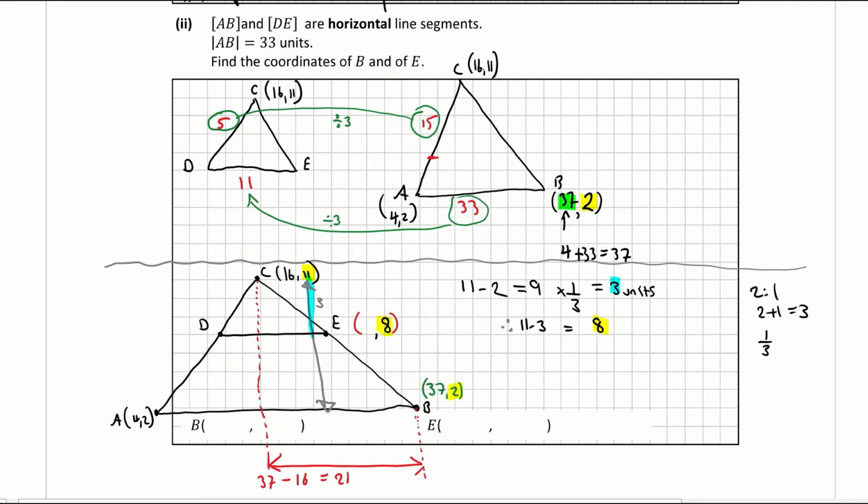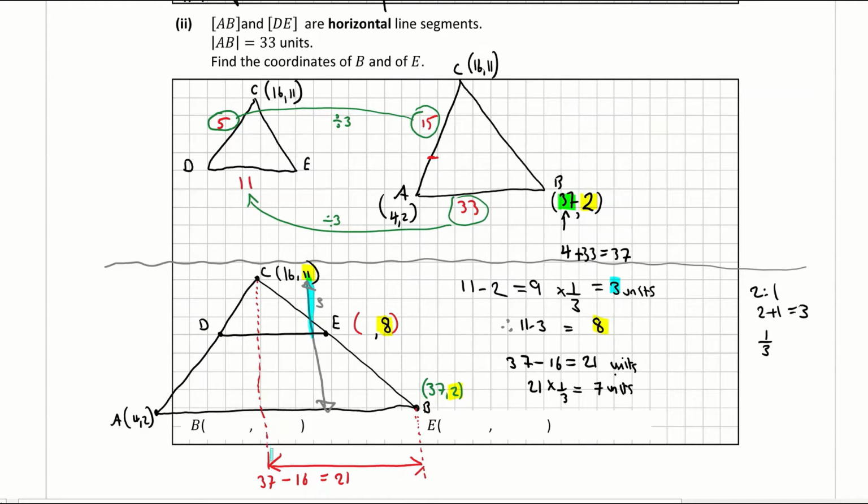Now it's the same again. I'm looking at 1/3 of that. Let's write that over here in the box, kind of stuck for space. There are different ways you could do this. This is just the way I'm spotting it through a little bit of problem solving. So that's 21 units, and I want to find 1/3 of that. 21 multiplied by 1/3 is equal to 7 units. Now what do I want to do with the 7 units? Think about this. What way are we going?